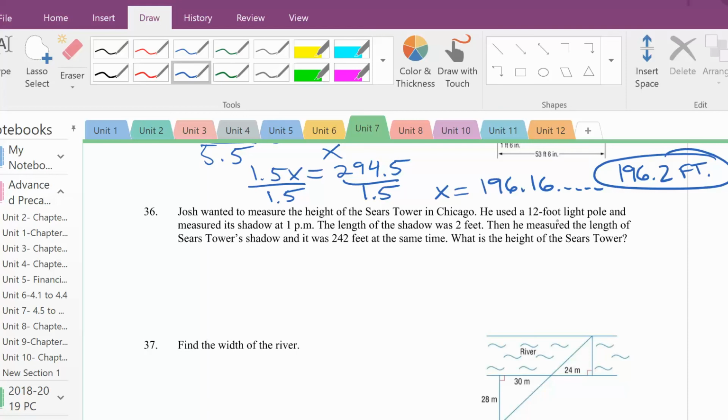So he used a 12-foot light pole and the shadow was 2 feet. Then he measured the length of the Sears Tower shadow at the same time. So what is the height of the Sears Tower?